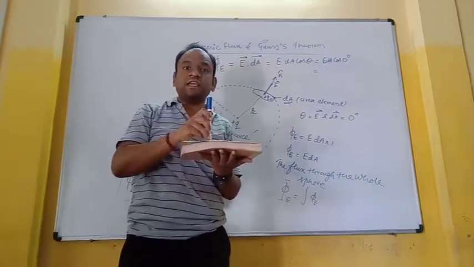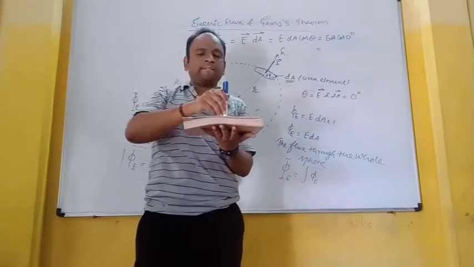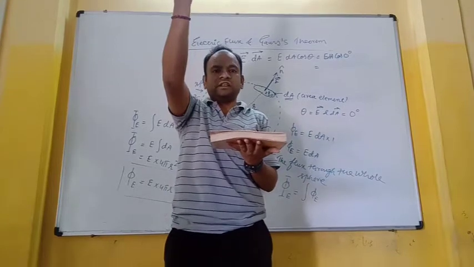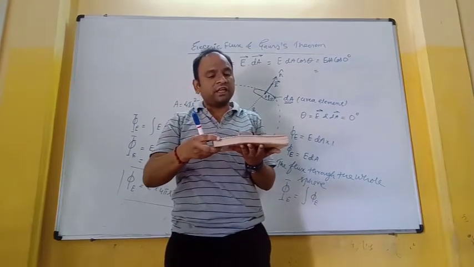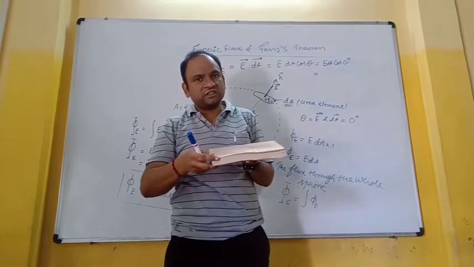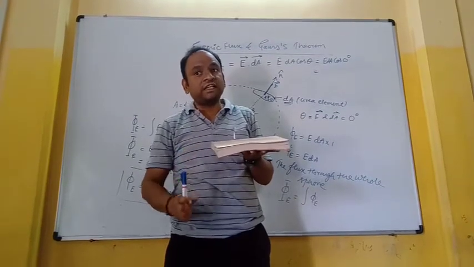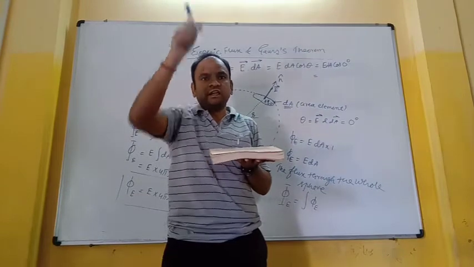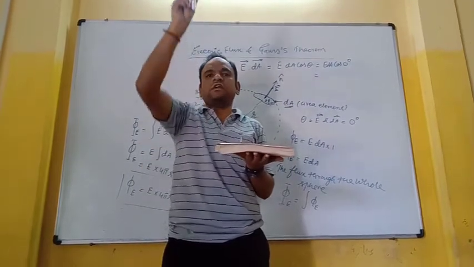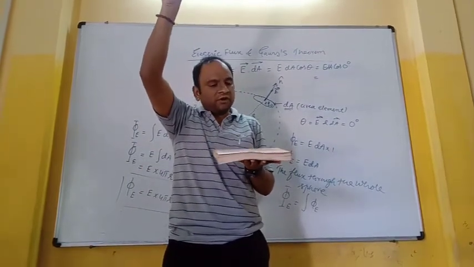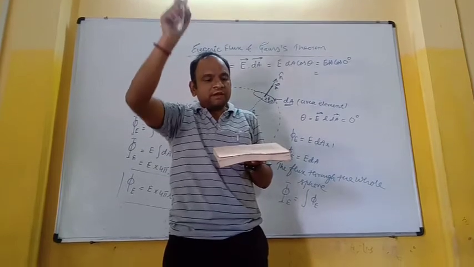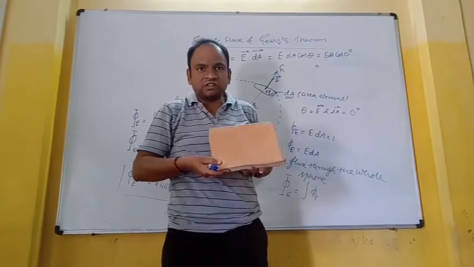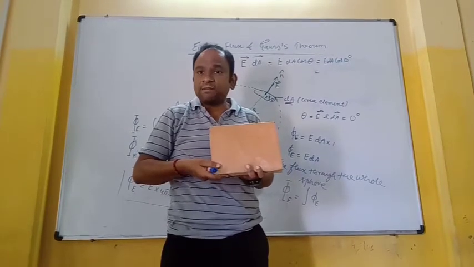Now suppose I keep my electric field in this direction only, from downward to upward. And now suppose I keep on rotating my surface like this. What is changing here is not the electric field but the area vector. Keeping the electric field constant in this direction, if I keep on rotating the surface, at one particular stage, when my surface becomes something like this, what is happening?